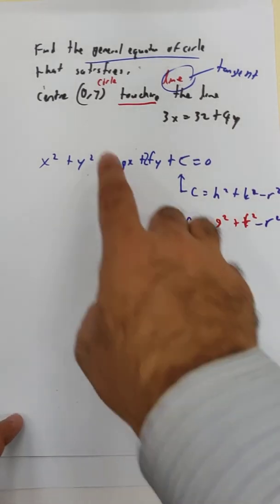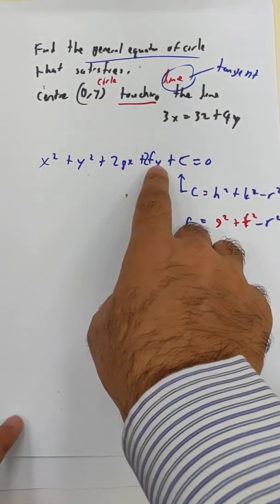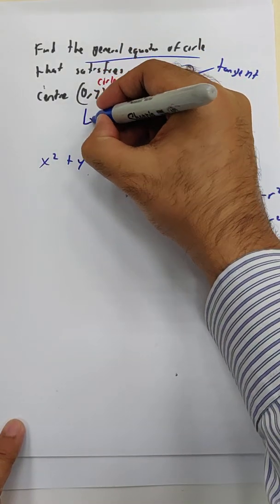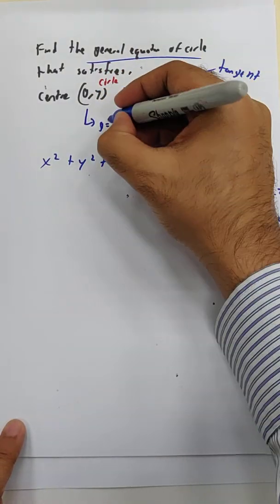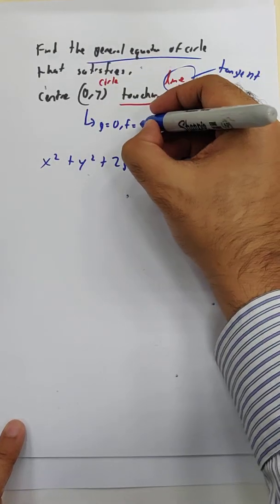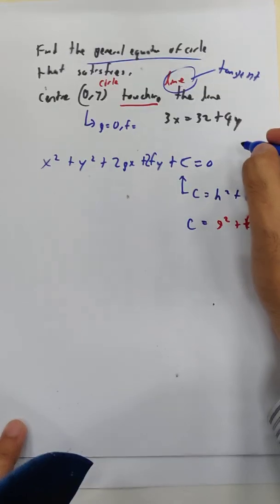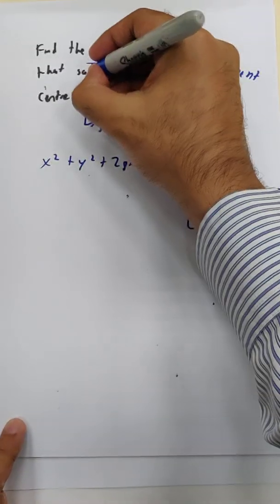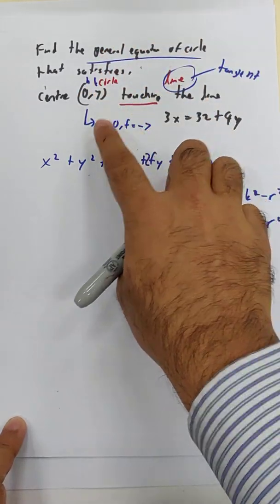Okay, so we know the center. We can find the g and f quite easily. g is equal to 0. f equals to, come on class, -7, very good, remember that, h and k, this is h and k, so g and f is a negative of them.